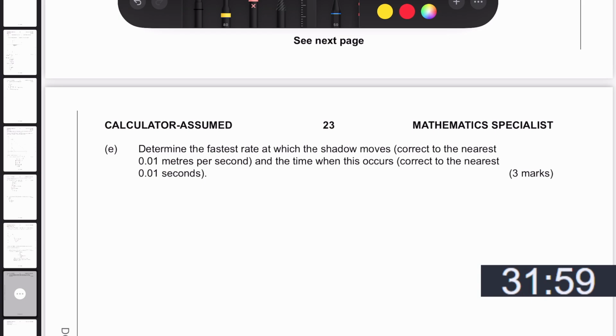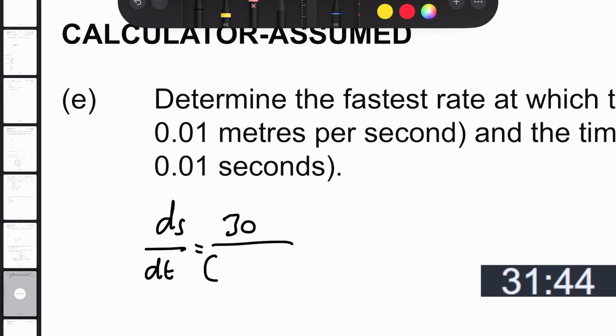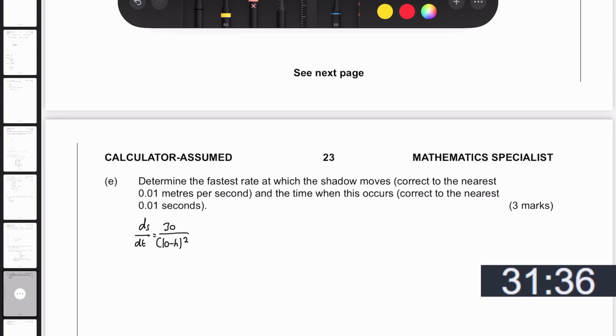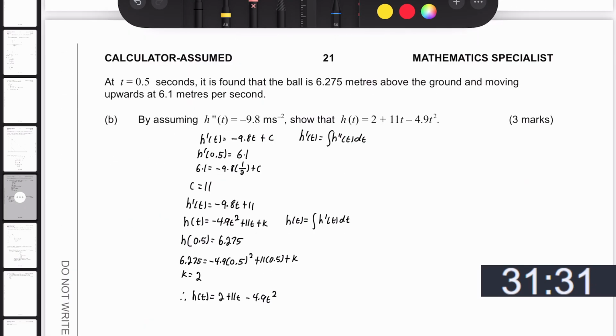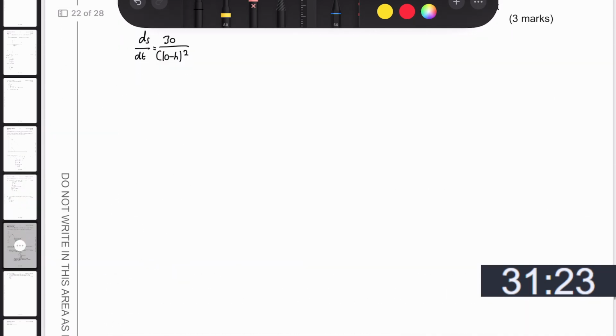So the fastest rate at which the shadow moves, ds/dt, is equal to 30 on (10 minus h) squared, now h was, here we are, then times dh/dt.